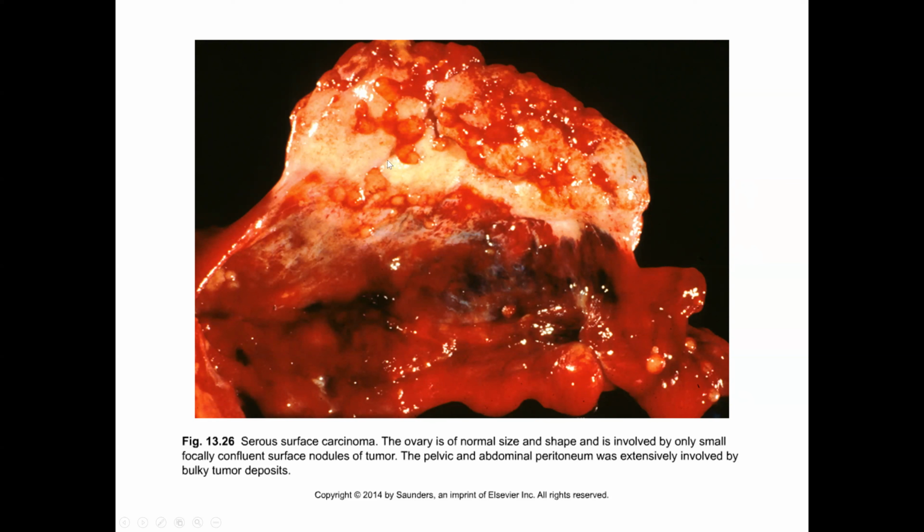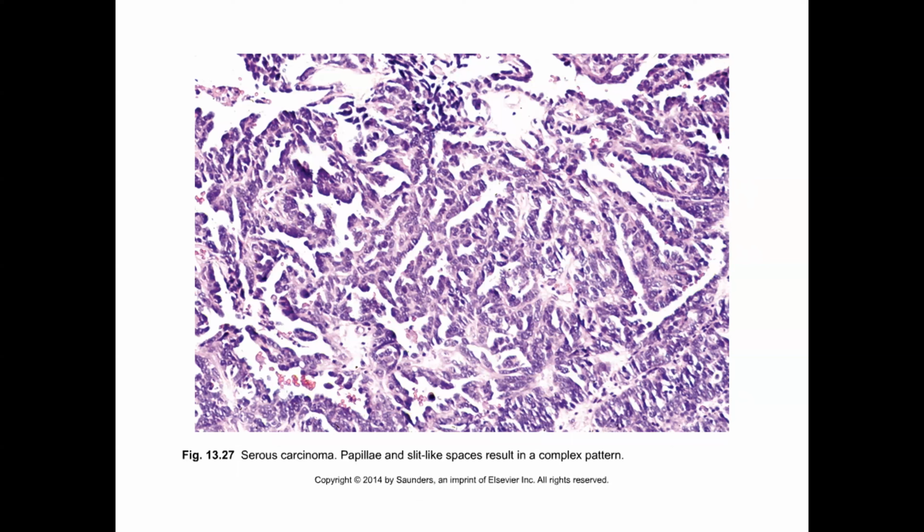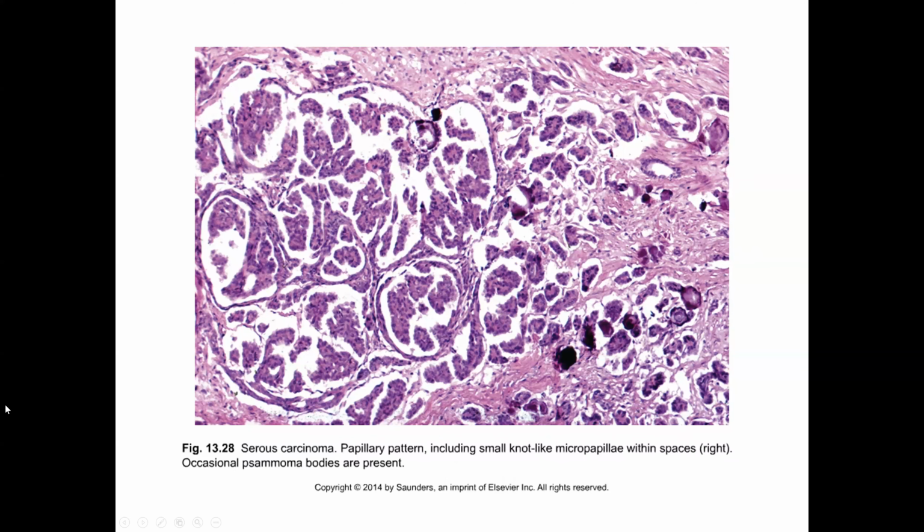So it's important to recognize that surface serous carcinomas also can arise without obvious parenchymal invasion or origin. So here's the one microscopic pattern of the slit-like spaces with high-grade nuclei, micropapillary features, as we see here. Here's another pattern, a more papillary pattern, similar to what we might more commonly associate with low-grade serous carcinoma.